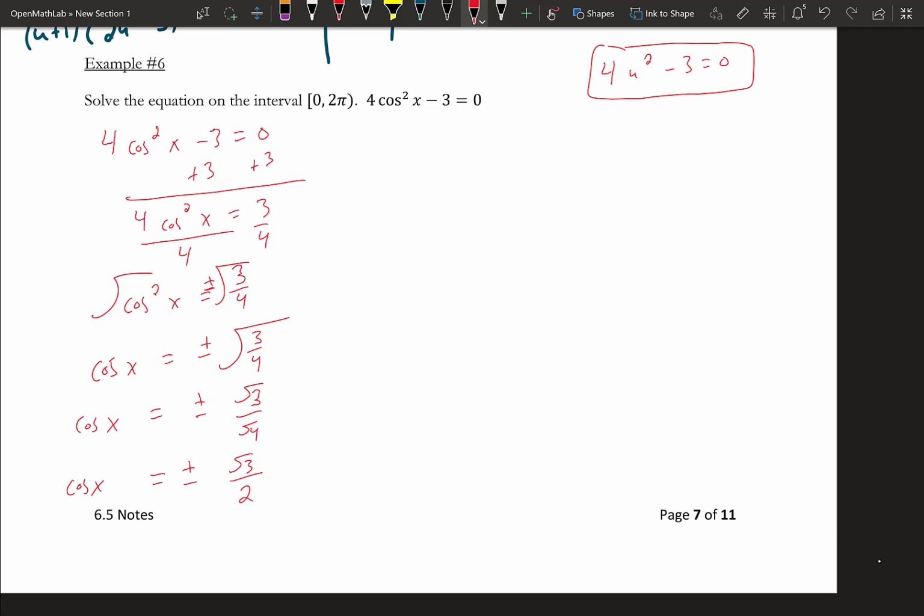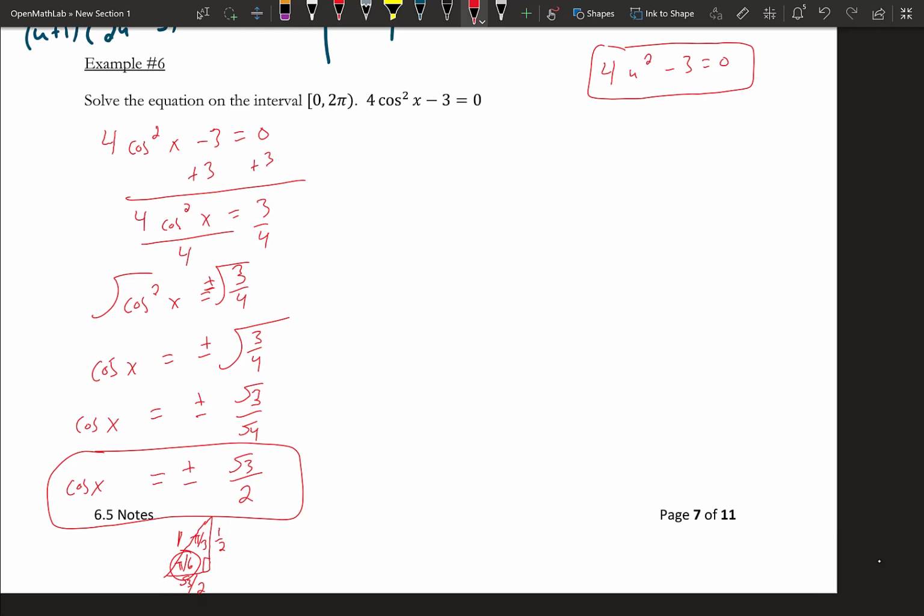So what we end up with is that cosine of x is equal to plus or minus radical 3 over 2. So think about what special right triangle has radical 3 over 2 in it. That would be this right triangle, pi over 6, pi over 3. If the hypotenuse is 1, then the side across from pi over 6 would be 1/2, and this would be radical 3 over 2. Cosine is the adjacent side, so my reference angle is pi over 6.